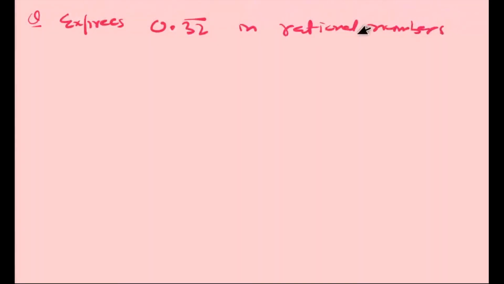Now the question is, we will take an example of two digits: express 0.32 bar in rational number. Okay, so what is the solution? Let x equal 0.323232 and so on.